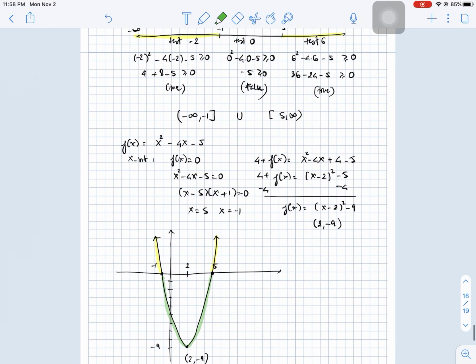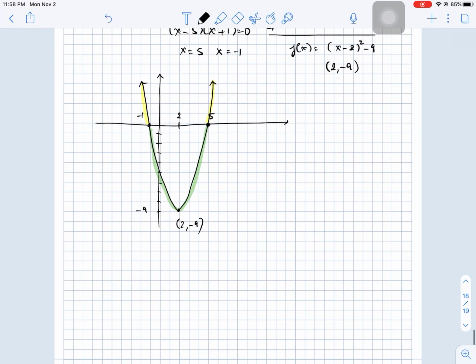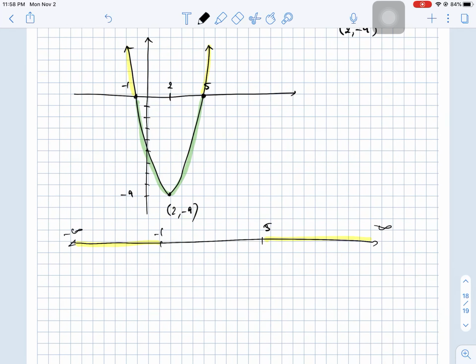So now let's look at the interval. Look at the yellow interval. The yellow is above the x-axis and the green is below the x-axis. We're going to look at the number line above. So I'm going to copy down the number line that we saw before.